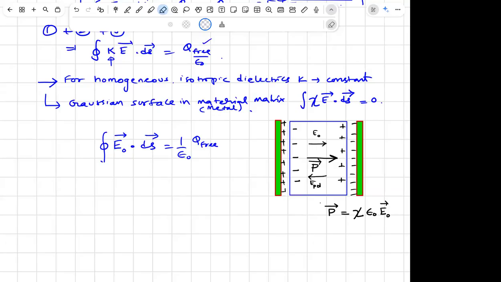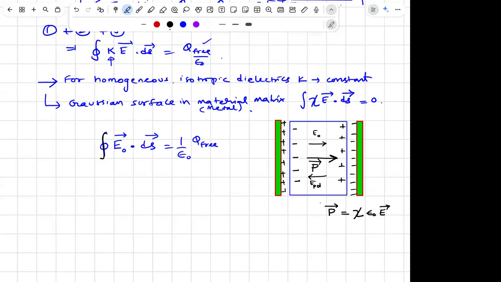Right. So here, E net, correct. It's not E naught. E represents the net.